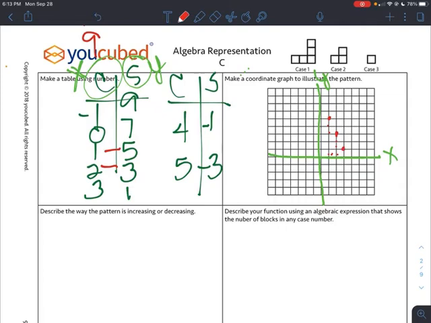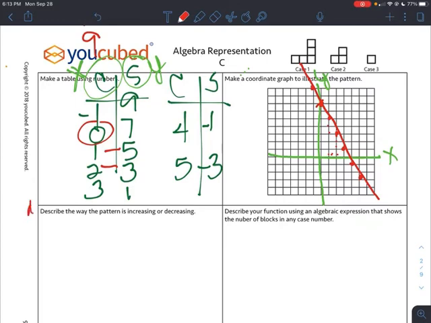And then 4 is -1, so at 4 I'm at -1, and at 5 I'm at -3. So I'm going to go back to 0. At 0, I go all the way up here to 7. And at -1, I'm at 9. So I'm going to connect my dots so I actually have a graph. So there's my graph, right?